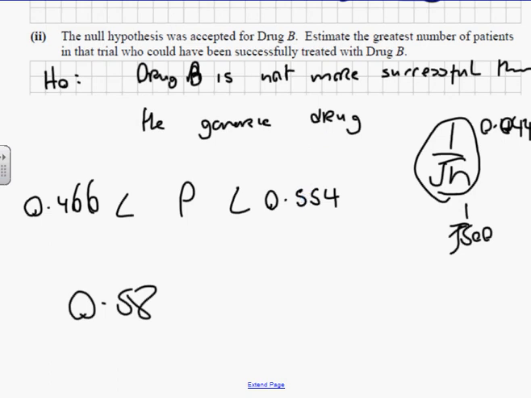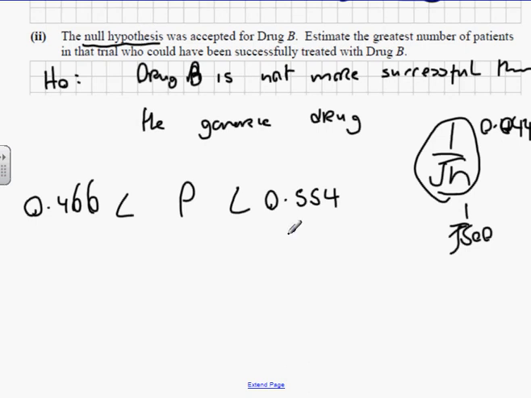However, in this question, it states that we accept the null hypothesis. Does everybody get that? We accept the null hypothesis. If we accept the null hypothesis, this means that drug B is still 51% effective. It is not any more effective than the generic drug that came before it.